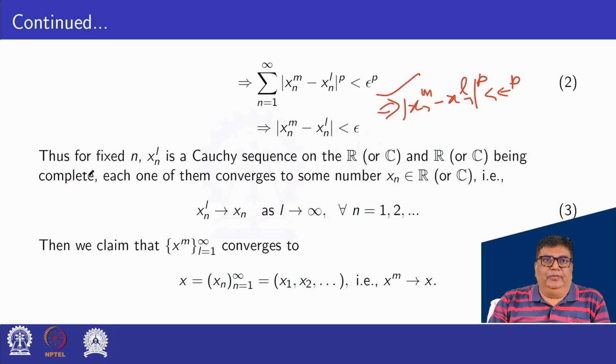For fixed n, xmn is a Cauchy sequence in R or C, that is, individually xmn and xln are scalars.